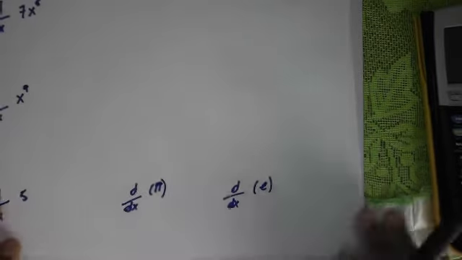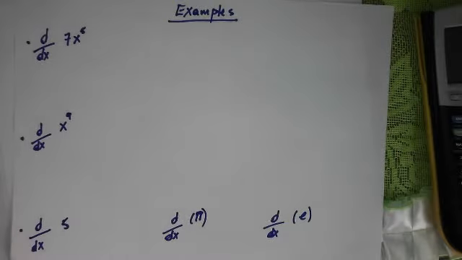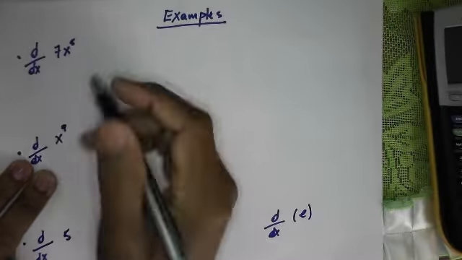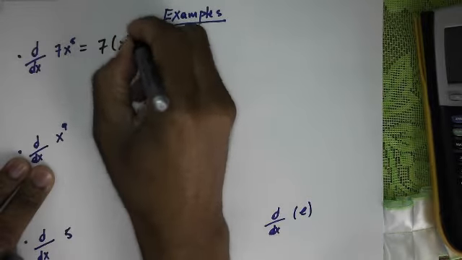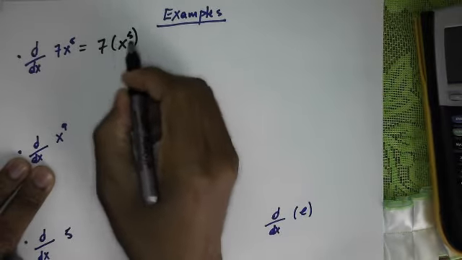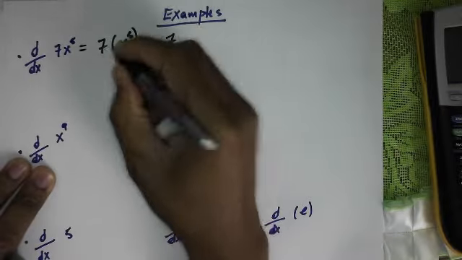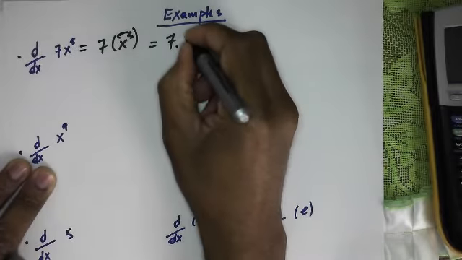Alright, so this first example says the derivative of 7x to the 5. I can rewrite this thing as 7x to the 5. Now I'm going to differentiate what is inside the parentheses here. So this would equal 7 times, if I bring my exponent to the front here, 5.